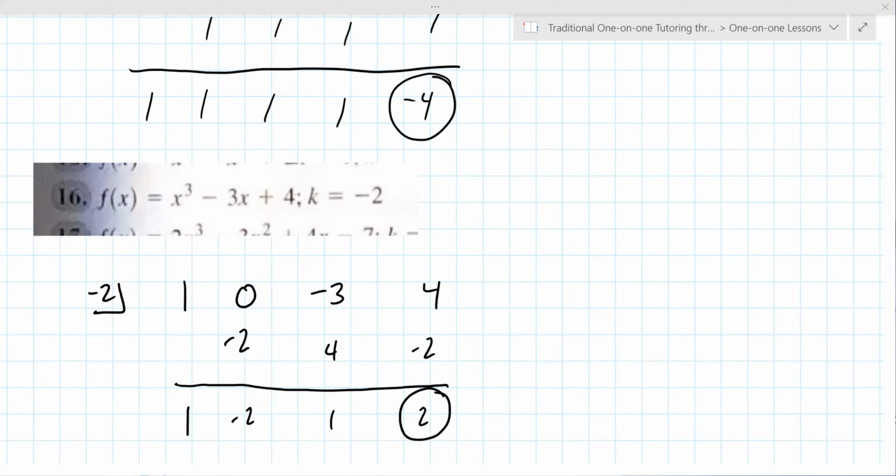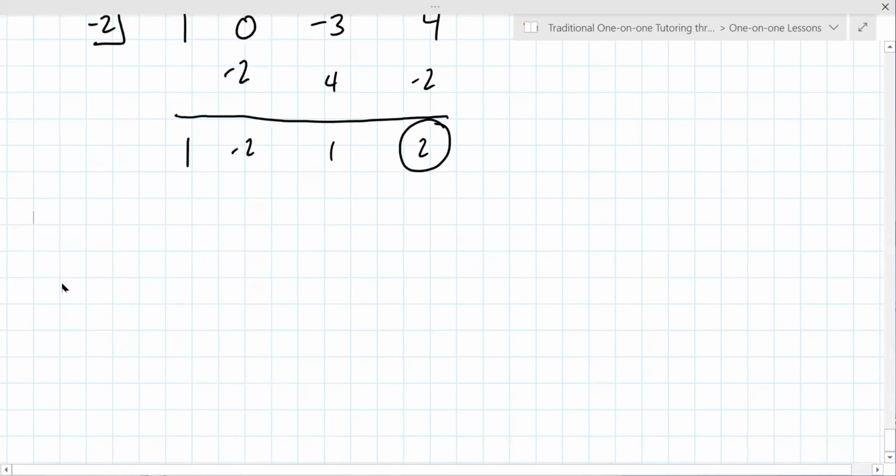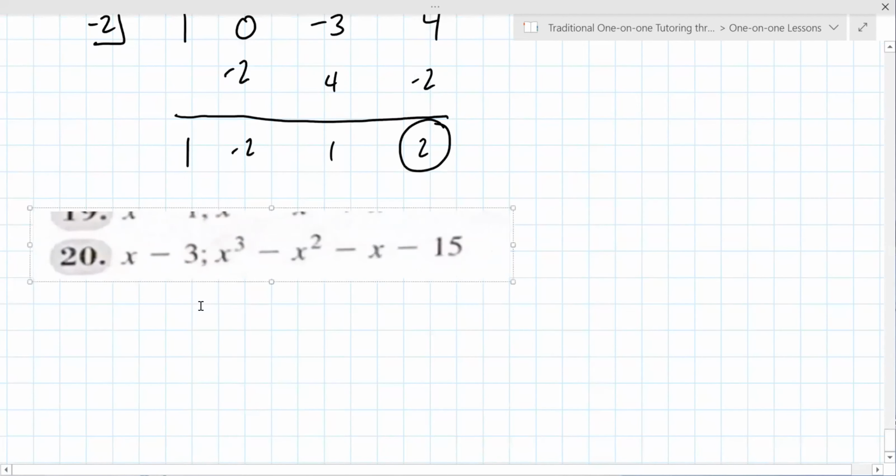Now we're up to 20. The instructions in 20 say decide whether the first one is a factor of another.